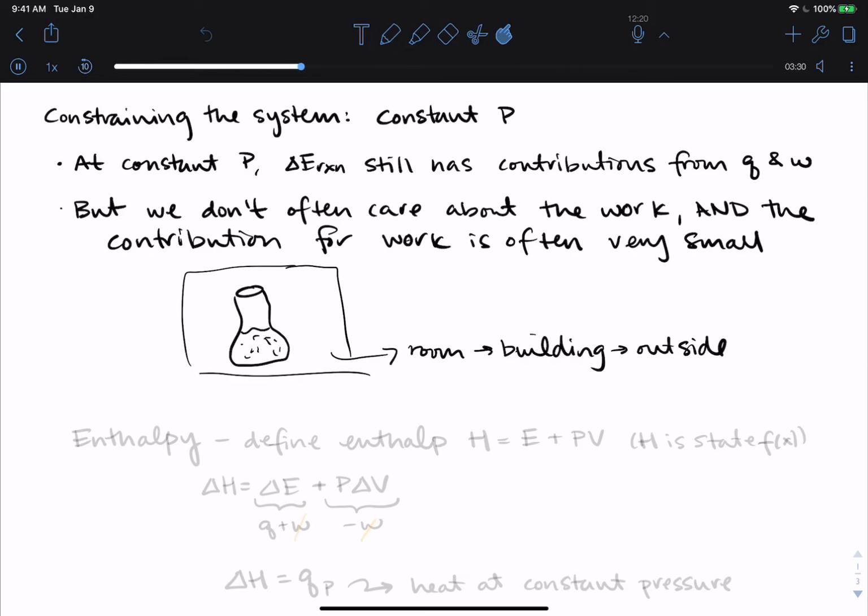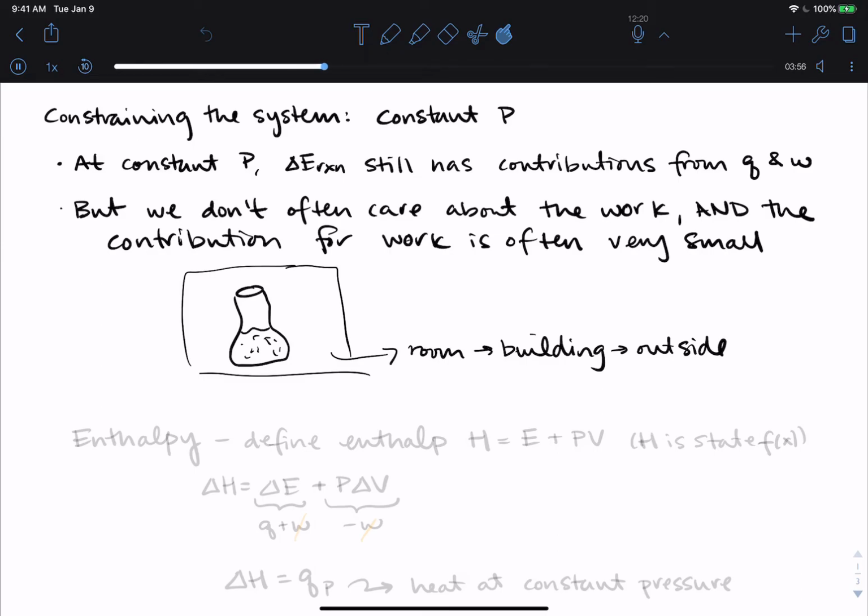So because the original volume of almost the universe is so huge, the delta V is so tiny that this term doesn't contribute very much to our delta E reaction anyway. That also makes it really hard to measure, so we don't care about it.